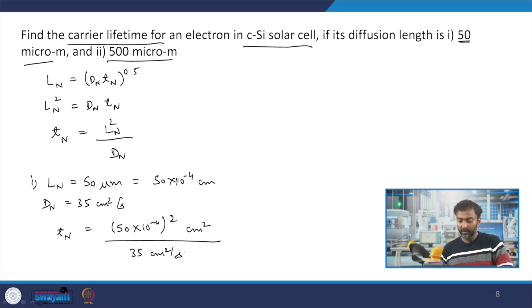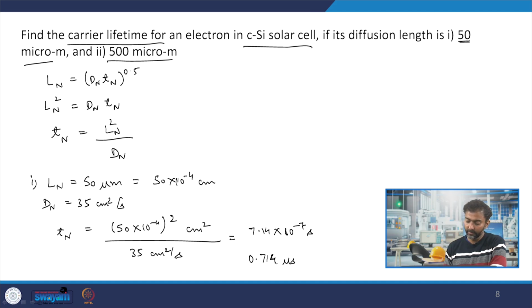As you can see dimensionally also, centimeter square and centimeter square get cancelled and you get the time in seconds. If you solve it out, you will get 7.14 into 10 to power minus 7 seconds, or we can say 0.714 microseconds.